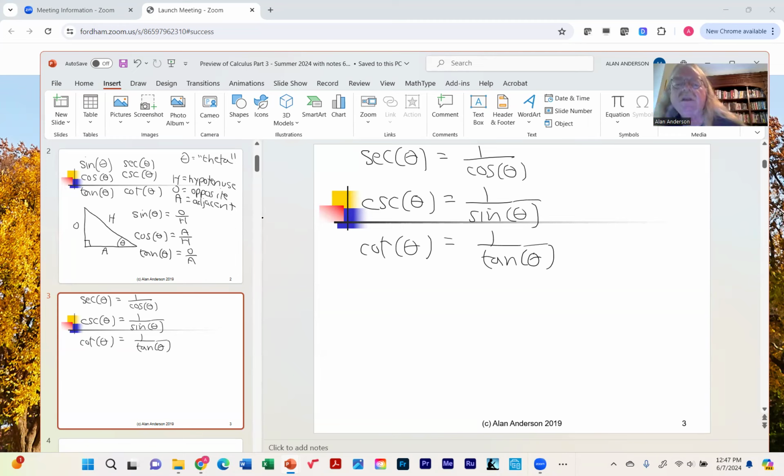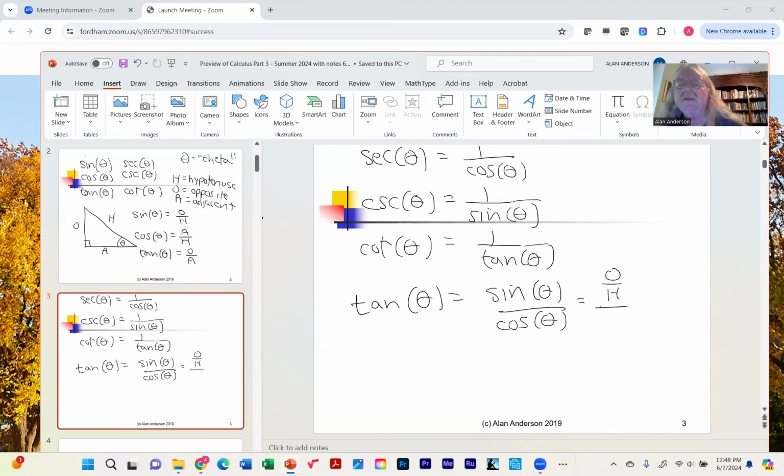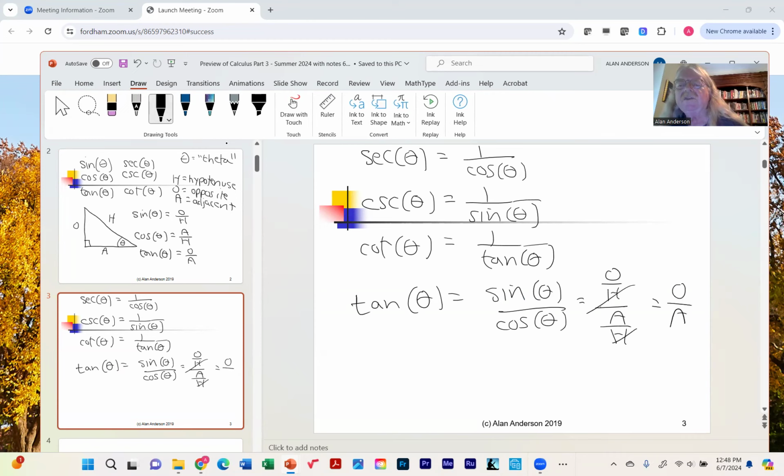The sine is opposite over hypotenuse, and the cosine is adjacent over hypotenuse. The hypotenuses cancel out and you're left with O over A, which is the tangent. So the cotangent must be the cosine over the sine.